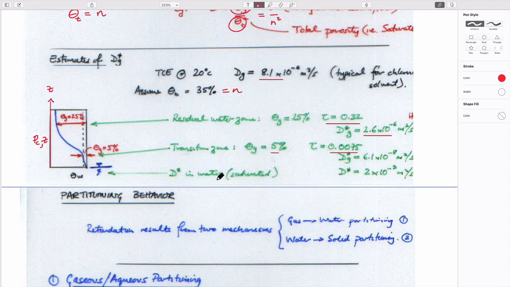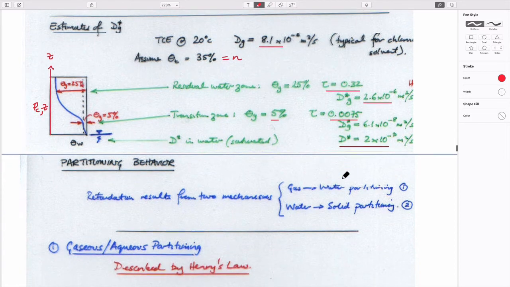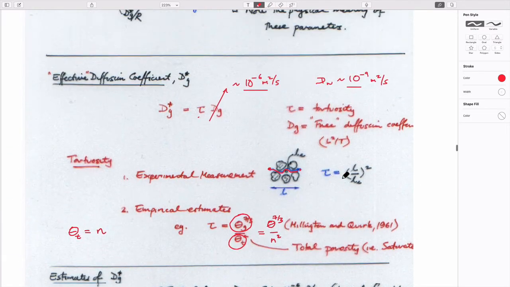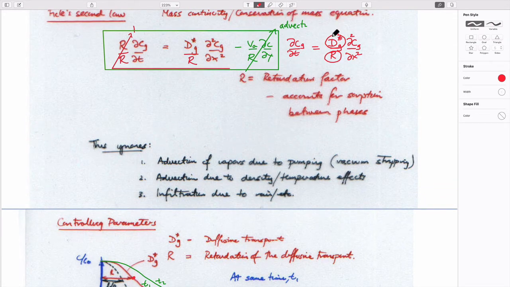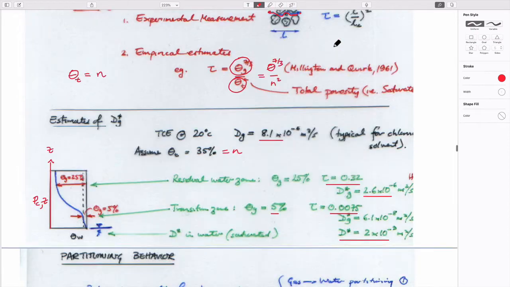If there's 0 residual gas content in the system. So it makes sense that instead you use the diffusion coefficient in water, what we called D star before. So that allows us to be able to define one of the coefficients that we need. And that is we can get the magnitude of this effective gaseous diffusion coefficient.